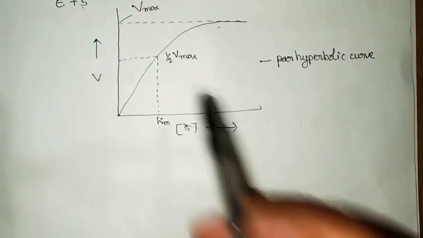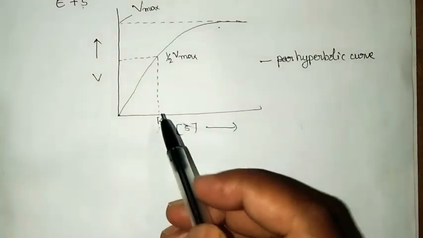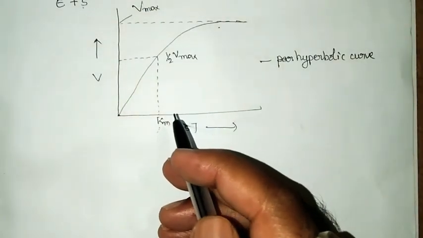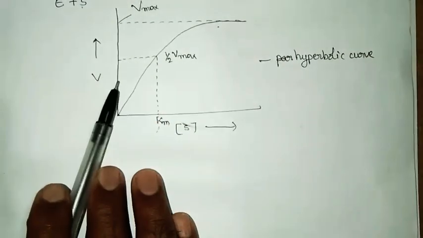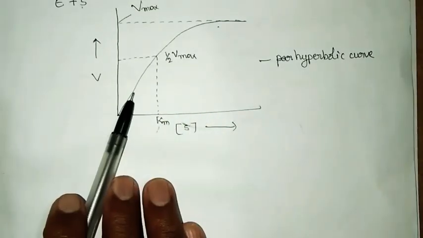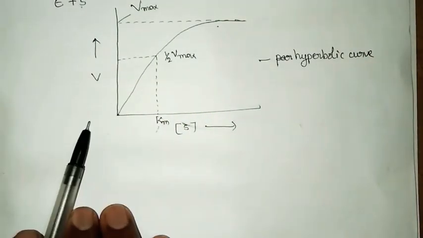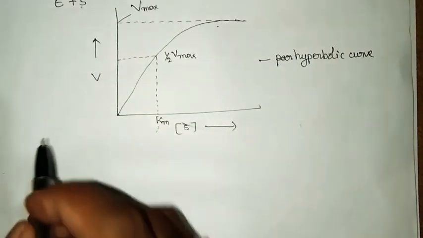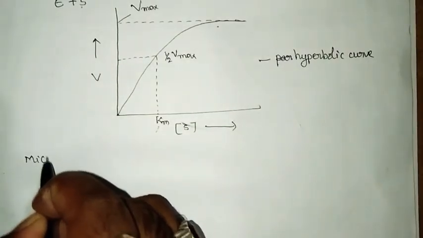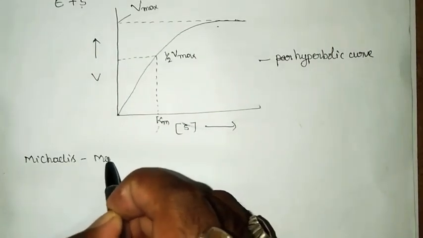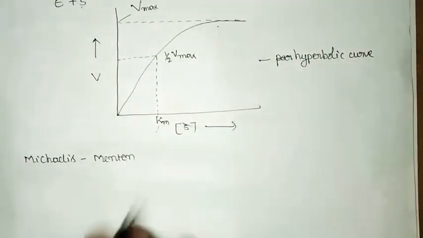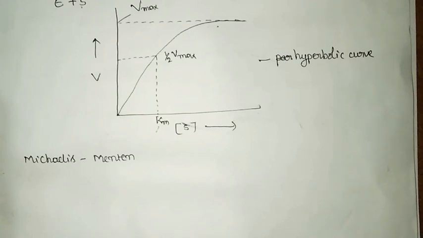Here the constant Km is called the Michaelis Menten constant because, in order to understand the effect of substrate concentration on the rate of enzyme catalyzed reaction, two scientists by name Michaelis and Menten derived an expression to understand the influence of substrate concentration on the velocity of the reaction.